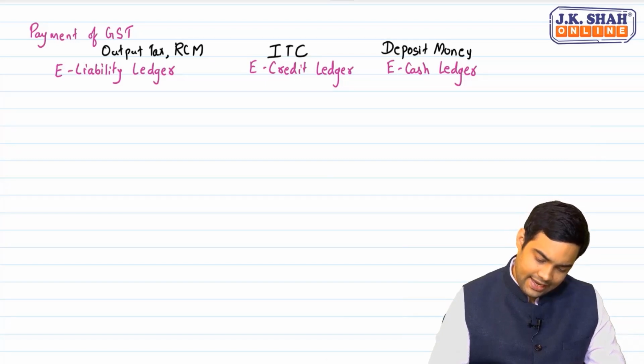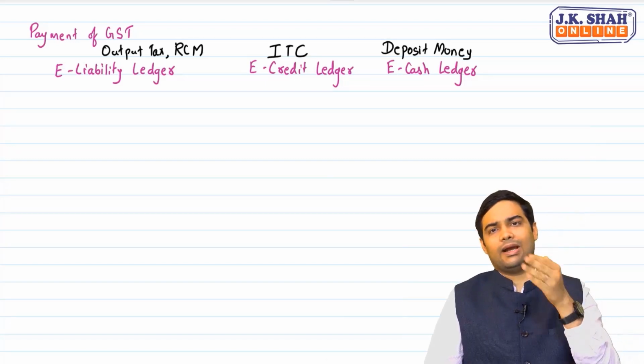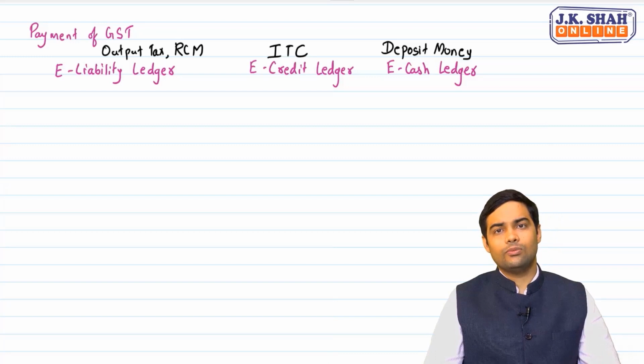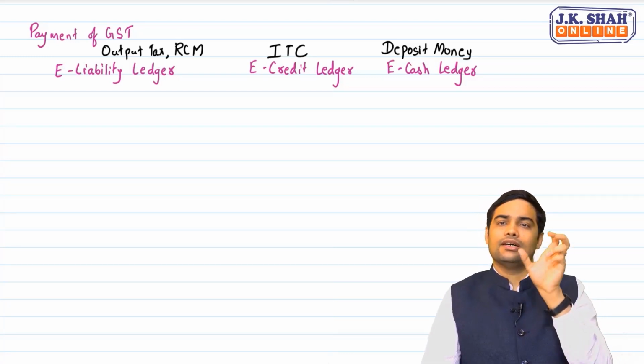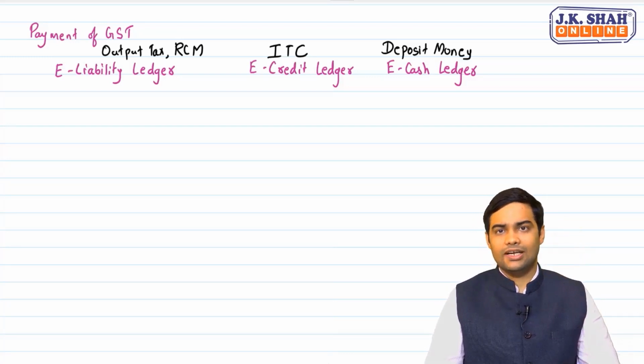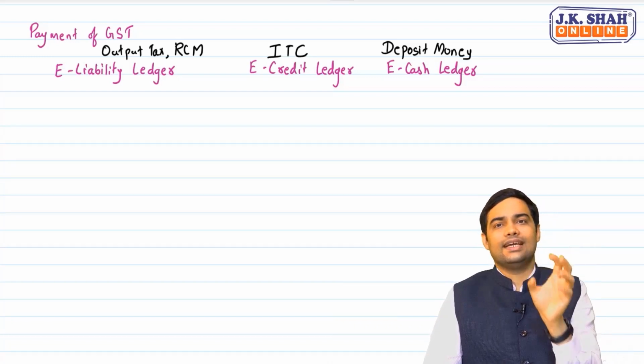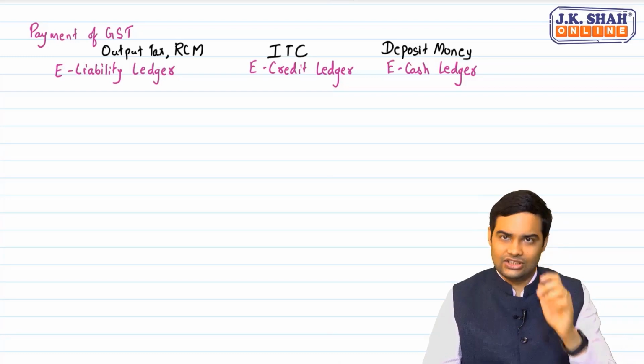See, what is the aim? We have done output tax minus ITC, that is the tax payable which has to be paid to the government. So whatever is the output tax plus RCM payable, that has to be entered in e-liability. The liability has to be discharged using e-credit and e-cash.